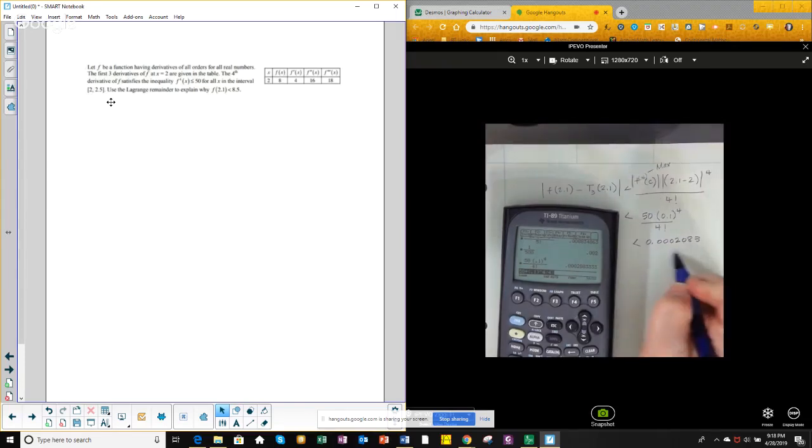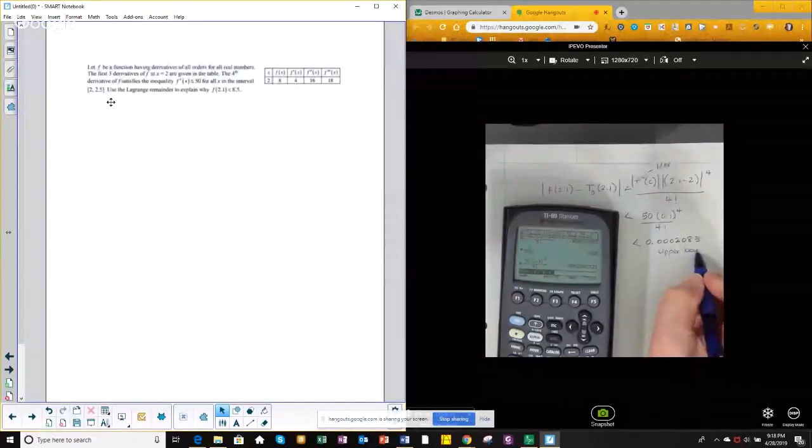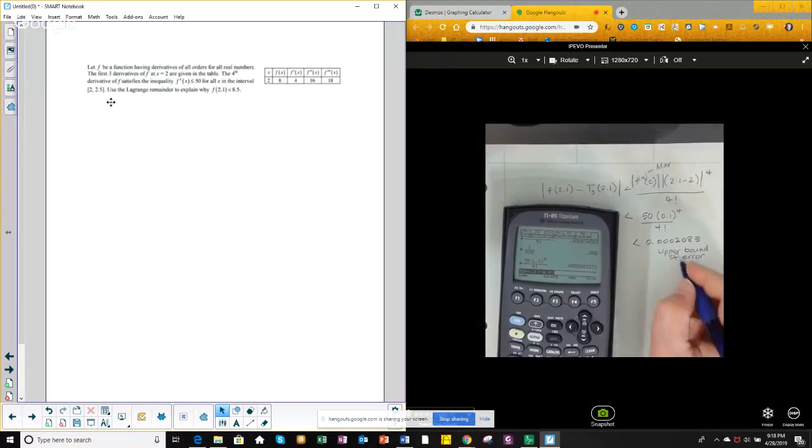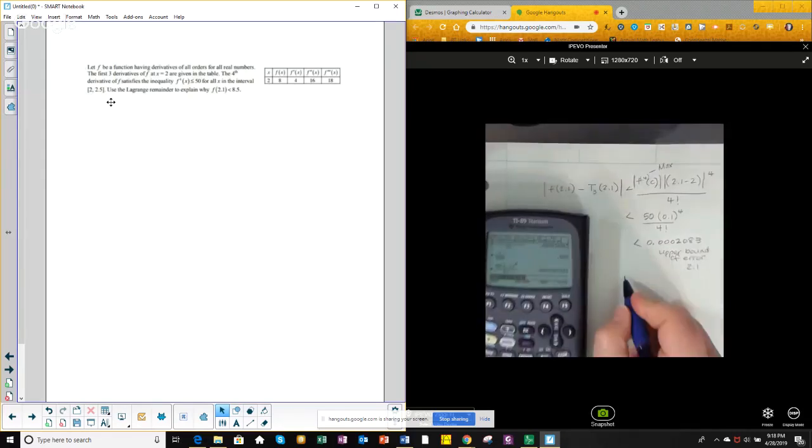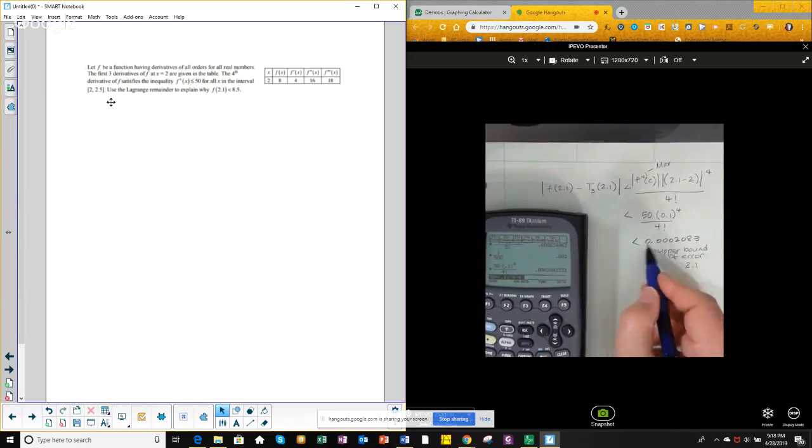Well, this is the error. This is the upper bound of the error. Where is that the upper bound of the error? At 2.1. Okay, so we can say that the error is going to be lower than this. And our function table over there says f of 2 is 8.